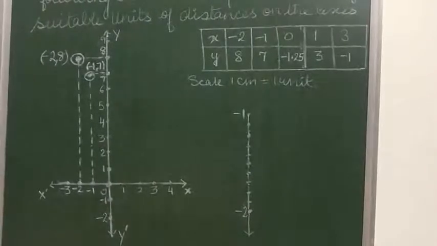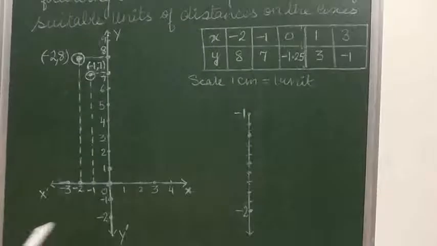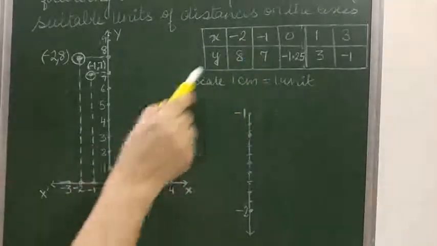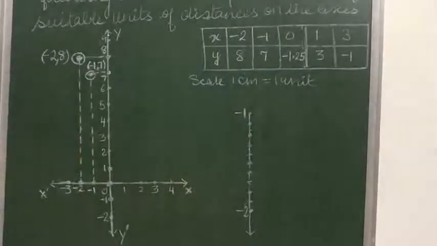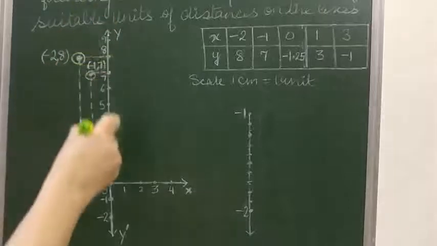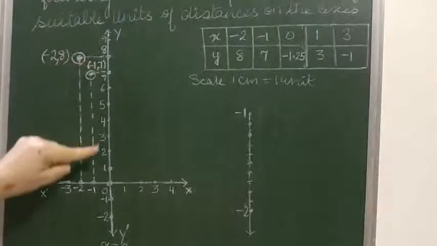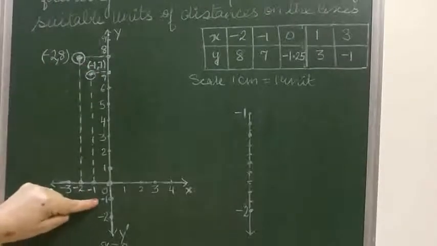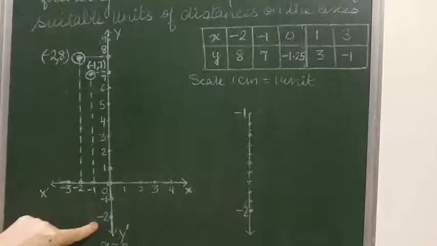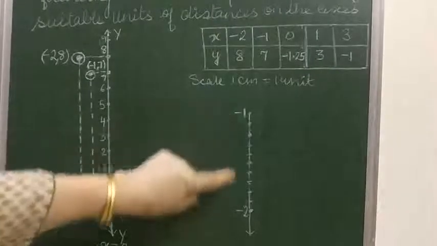Now all of you observe, the value of x is 0, that is on the y-axis, right? So the value of x is 0 on the y-axis and y is -1.25. So it will be somewhere between -1 and -2.